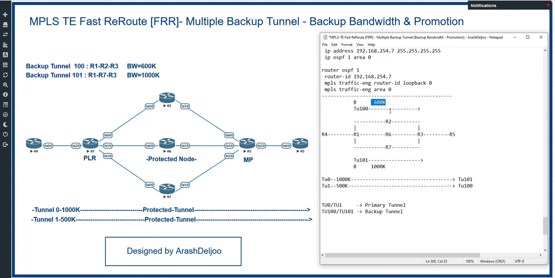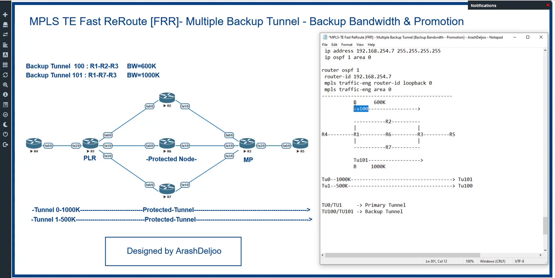Look here. When you say backup bandwidth, it means the bandwidth that the backup tunnels can forward. When you configure the backup bandwidth, TE can understand how many bits each backup tunnel can forward. Don't confuse this feature with configuring the bandwidth requirement of an MPLS traffic engineering tunnel.